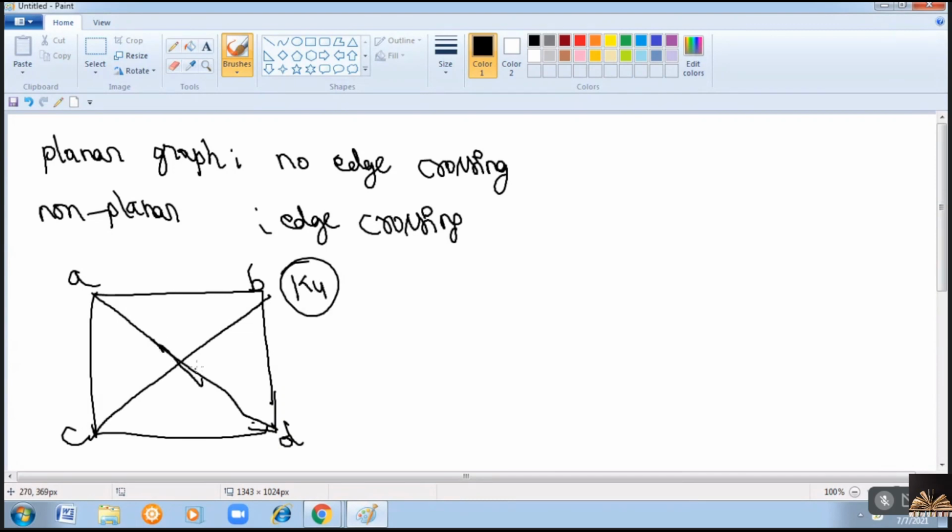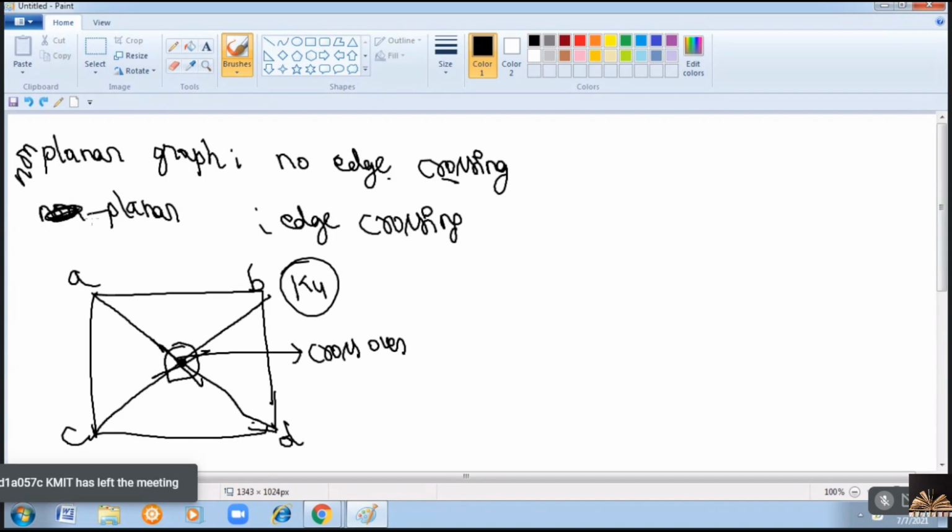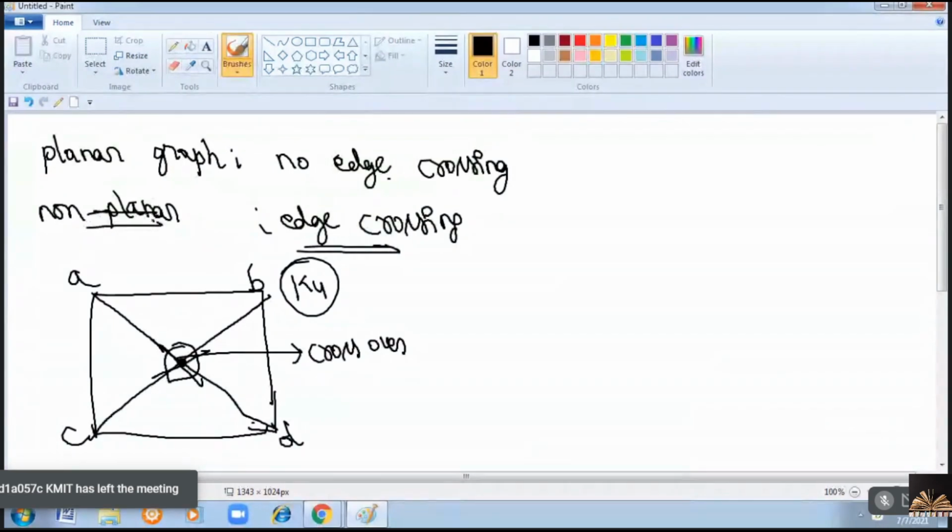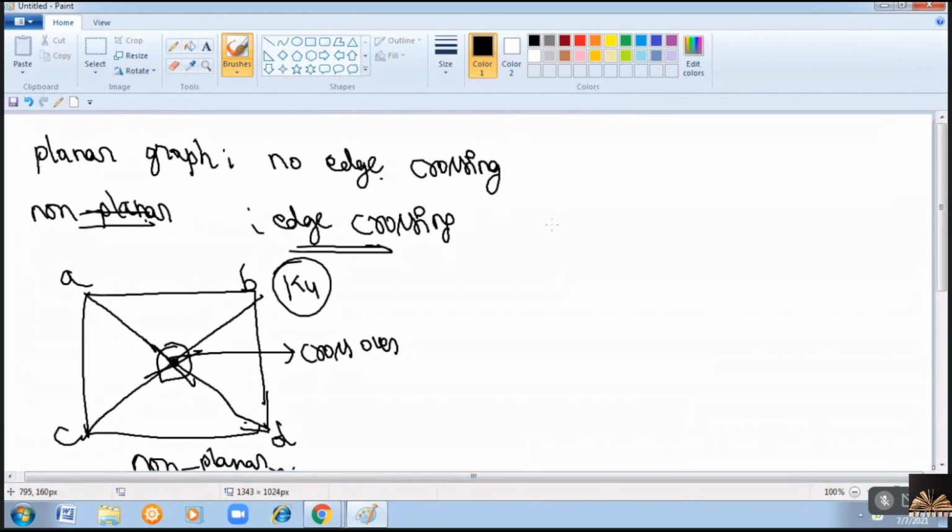These two edges, AD edge and BC edge, are crossing each other at this point. This is known as crossover. When there are edge crossings, we'll say that it is a non-planar graph. So by observing this diagram, you can say that it is non-planar, but that is not correct.